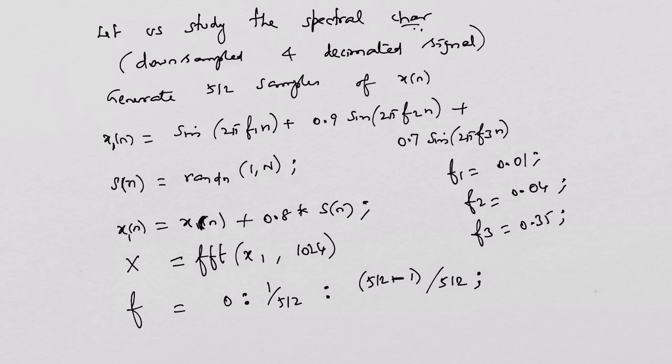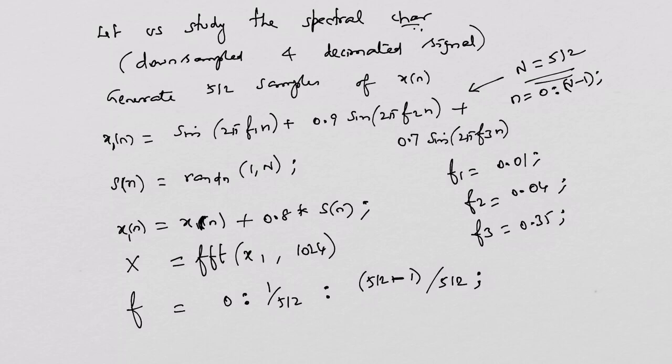Any value between minus 0.5 and plus 0.5 could be given as the frequency of the discrete time sequence. I just want to remind you that it is sufficient to generate 512 samples of the sequence, so that you can define the time axis also as 0 to N minus 1. So capital N is ready, the time axis is ready, and three frequencies are defined.